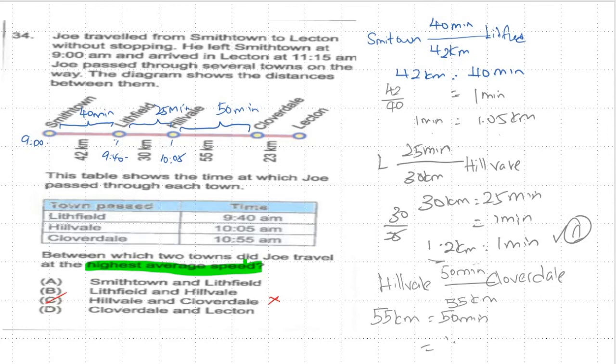What about 1 minute? In 1 minute I can only travel 1.1 kilometers, but here in 1 minute I can travel 1.2 kilometers. So this is the highest speed, this is definitely the second highest speed, and this is the third highest speed. So my answer here is from this to here, so it will be this.